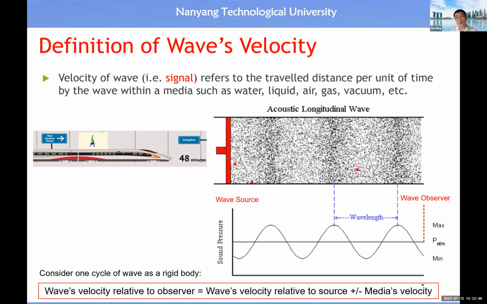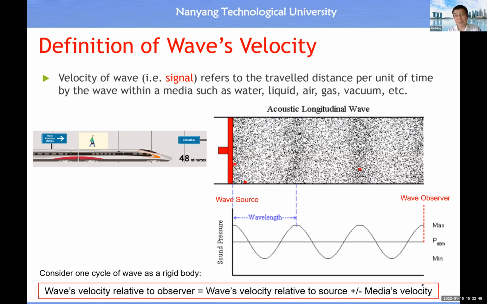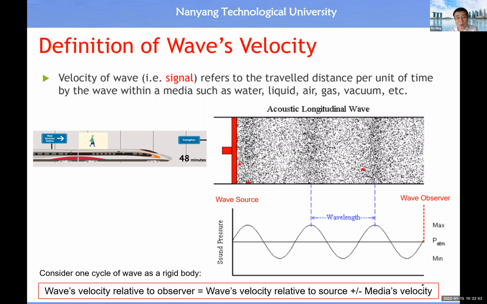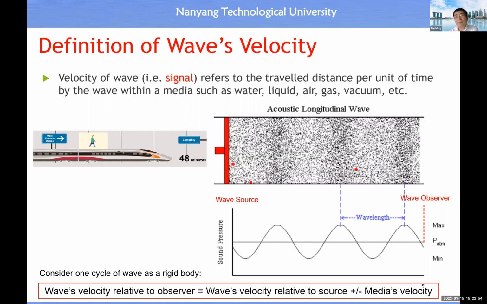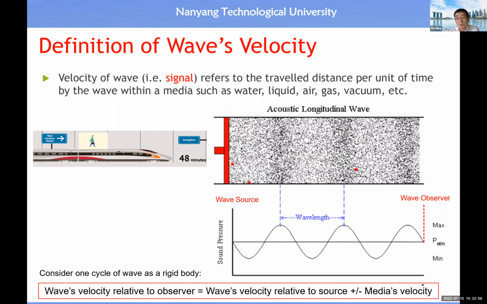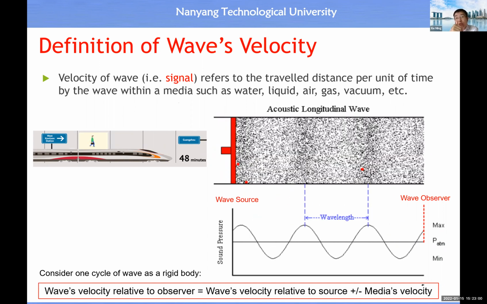So how do we know the fluid's velocity if we can measure the wave's velocity relative to the observer? The answer is quite straightforward, because normally the wave's velocity relative to the source is a constant.